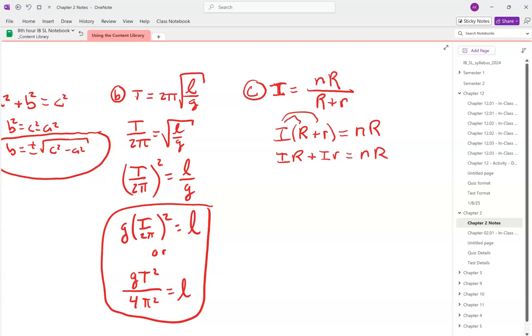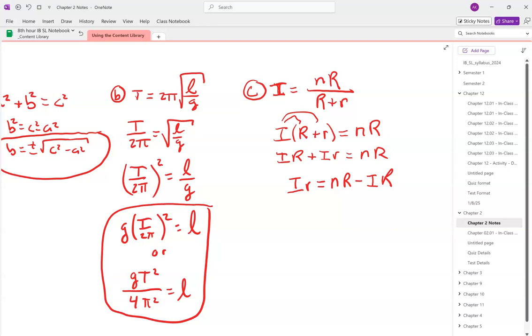We want to subtract by IR so that the capital R's are on the same side. But they're still in two locations. I need to get it into one location. How do I do that?